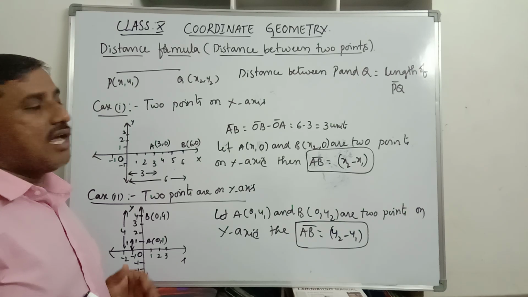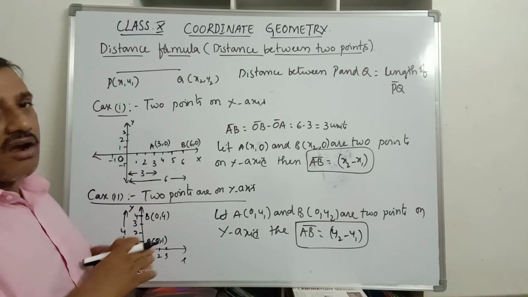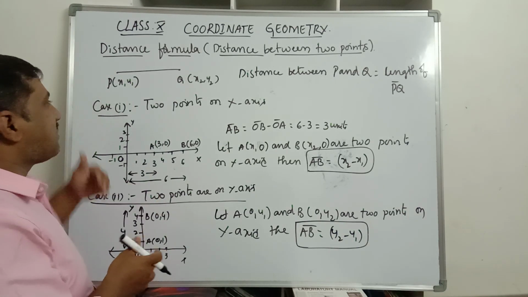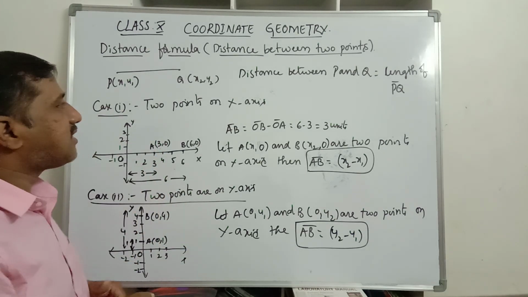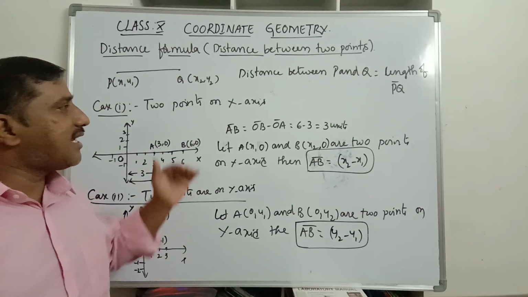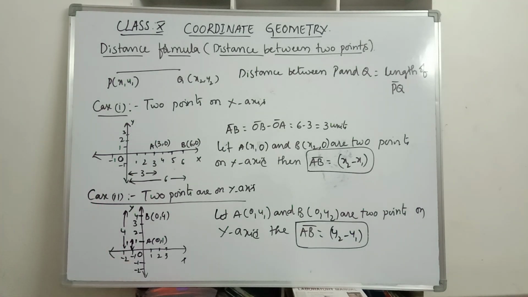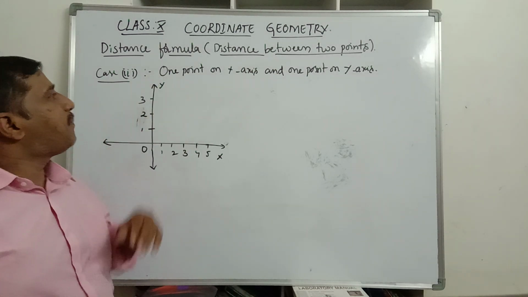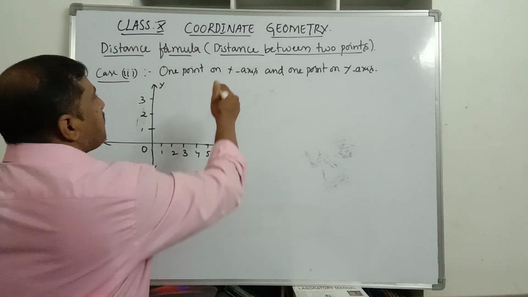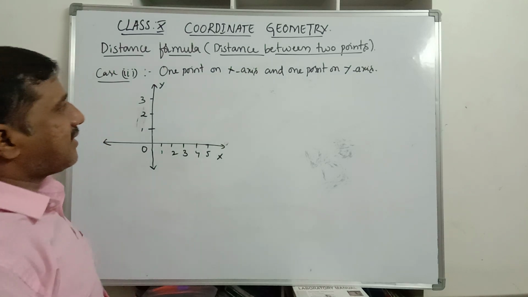Now we will discuss if one point is on the x-axis and the other point is on the y-axis. How do we find the distance between the 2 points? That is the third case. Now we will discuss case 3. One point is on the x-axis and the other point is on the y-axis.